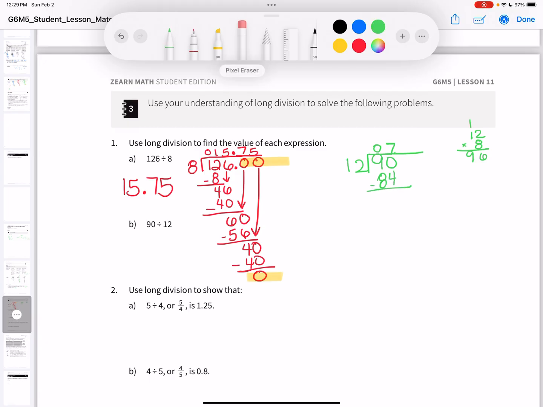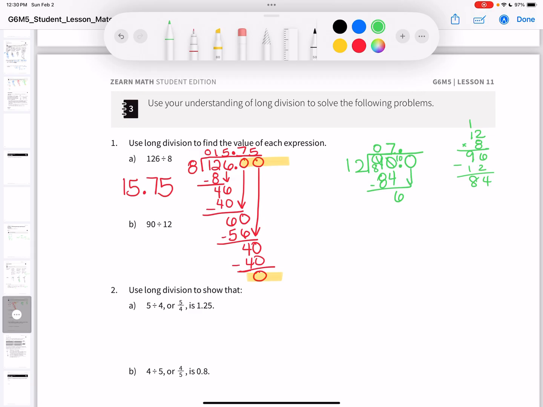Right? Because you can just subtract 12 from it, which gets me 84. All right, so now we subtract. This becomes 10, 6, this becomes 8. Okay, now we don't have enough there to have 12 go into it, so we have to do a decimal 0, and then immediately write my decimal in my answer.